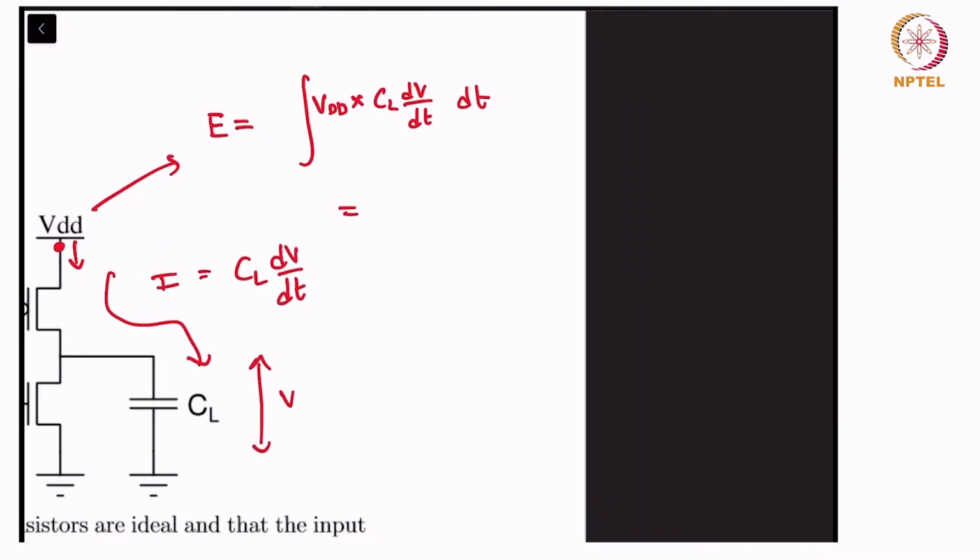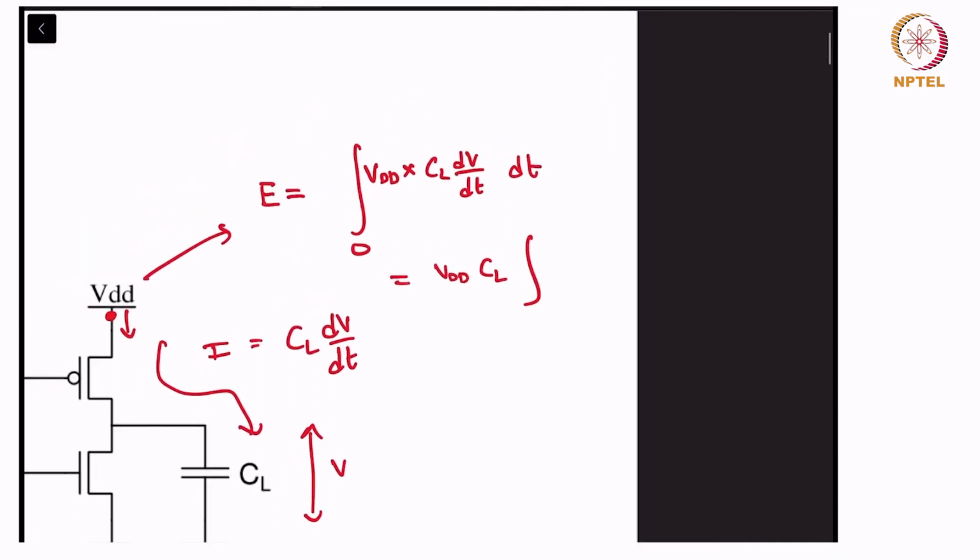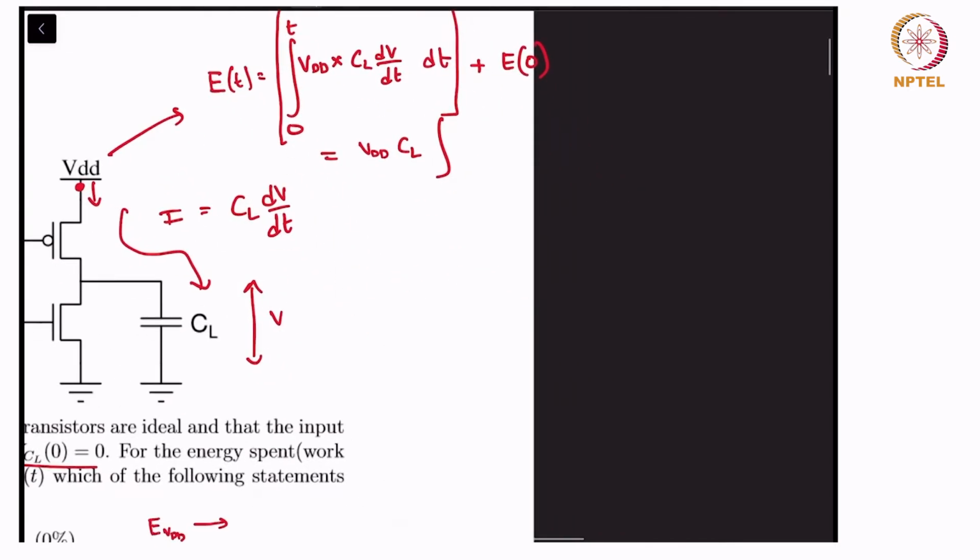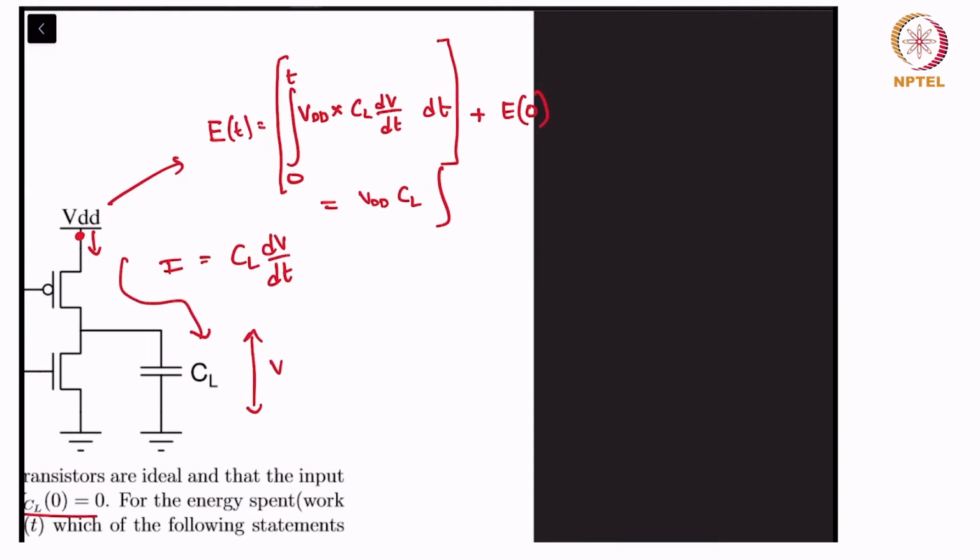You can take VDD and CL outside, and this goes from 0 to infinity. So the energy at time t is equal to the integral from 0 to t of this, plus the energy at 0.